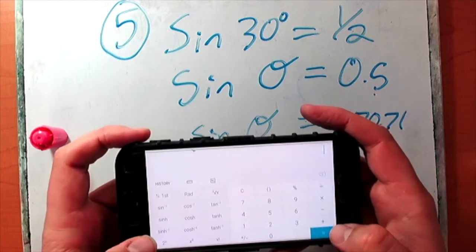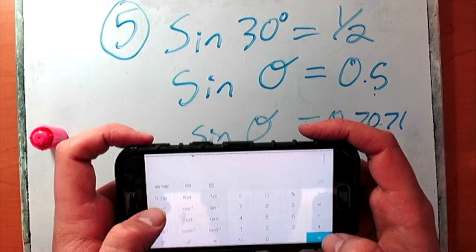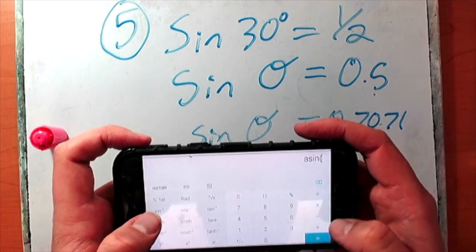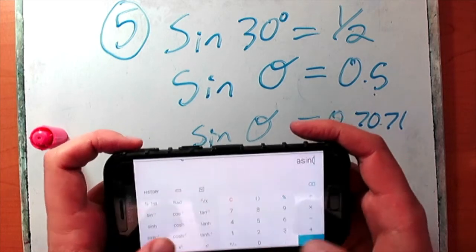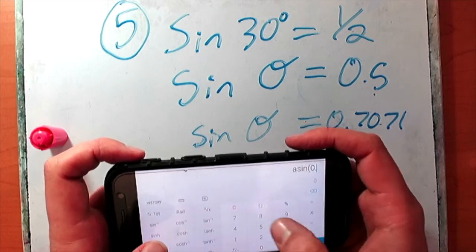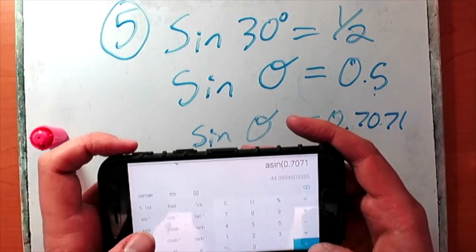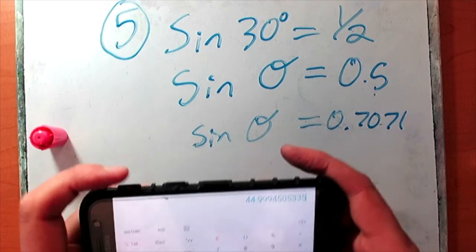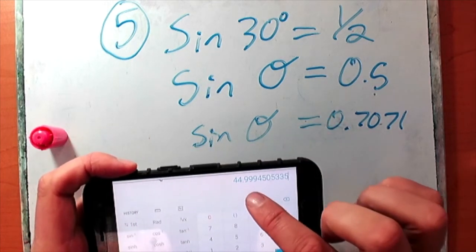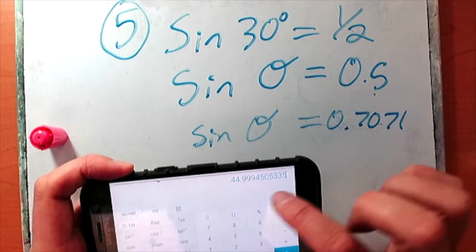Again, I hit second sine, so it's inverse sine, and I'm going to take 0.7071. And that's going to get me 44.999945. What do you think I was trying to write there?